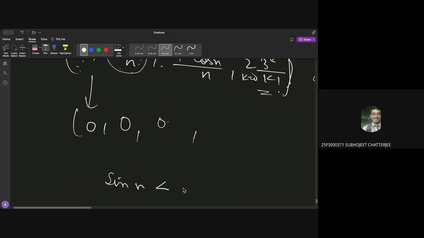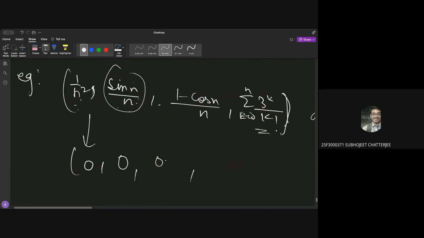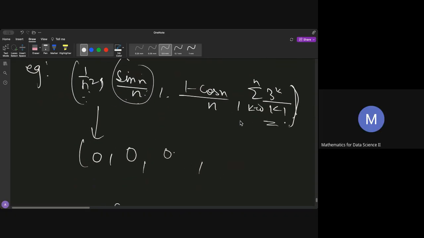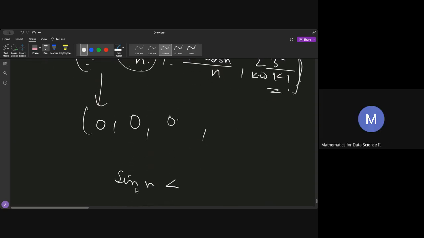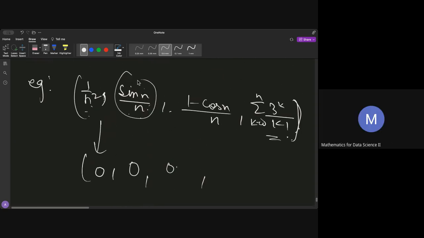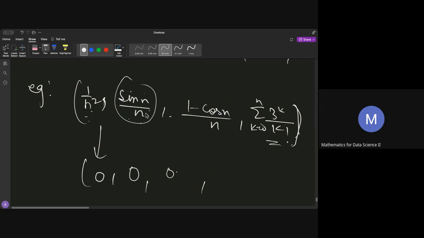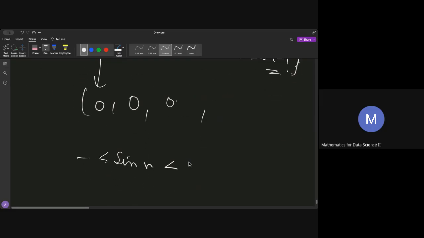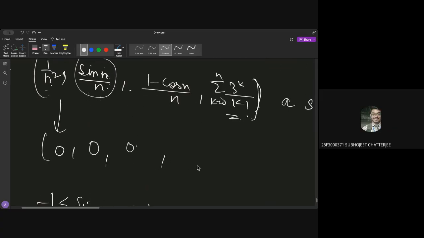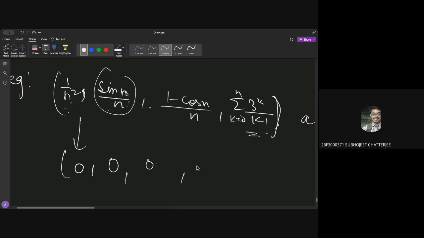Ma'am, it is 0 by 0 form. How is this 0 by 0 form? When n tends to infinity, sine n is between -1 and 1, right? I thought the limit was n approaching 0.